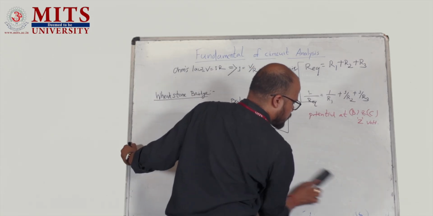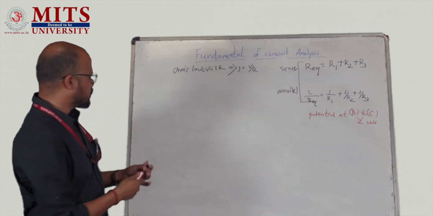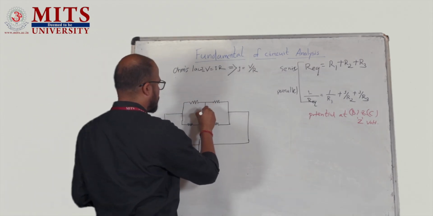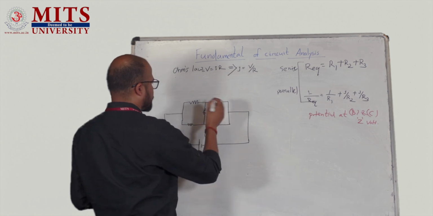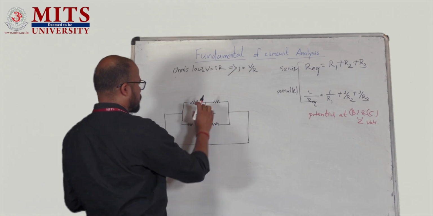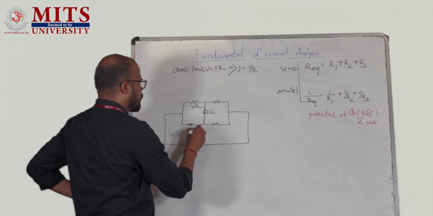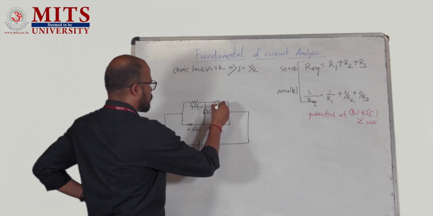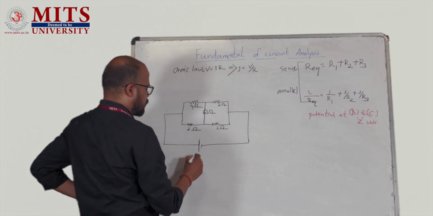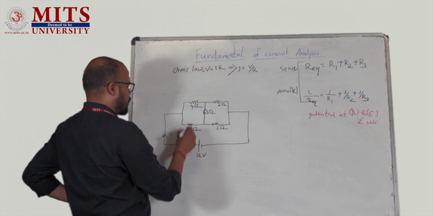Suppose we take a circuit, and suppose here it is 5 ohm resistor, this is 4 ohm, this is 2 ohm, and this is 2 ohm, and this is 1 ohm, and this is at some potential, for example 12 volt, and some current is flowing.